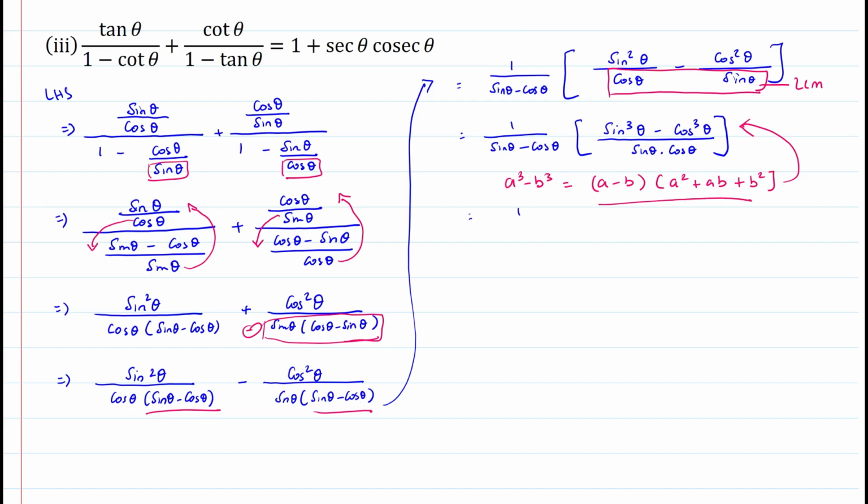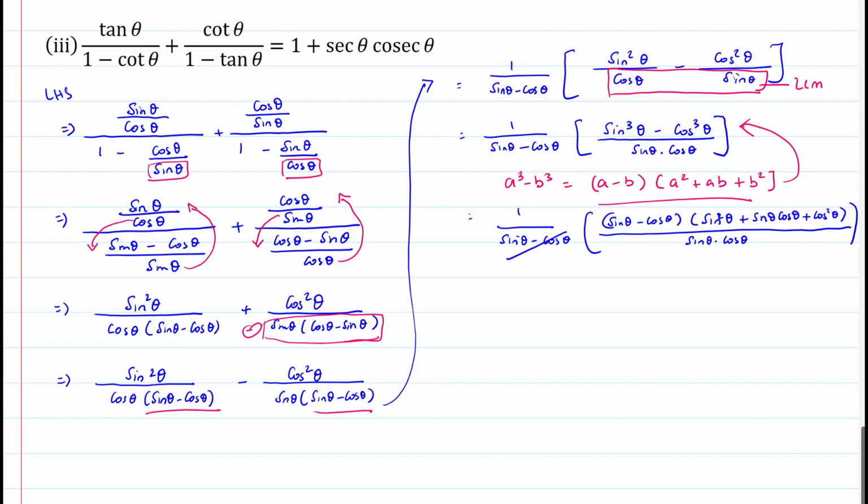So, the next step will be 1 by sin theta minus cos theta, the whole thing multiplied by sin theta minus cos theta into sin square theta plus sin theta into cos theta plus cos square theta, and whole thing will be divided by sin theta into cos theta.